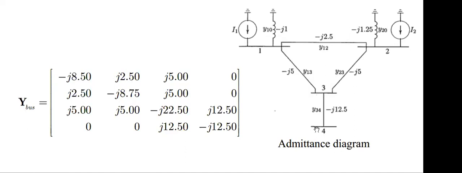If you have any connection between this 1 and 4, like any other line connection or any admittance interconnection between this 1 and 4, you have to consider that as well. Okay. For this case, as there is not any connection between node 1 and 4, you have 0 there. Okay. Otherwise, you have to consider that also.